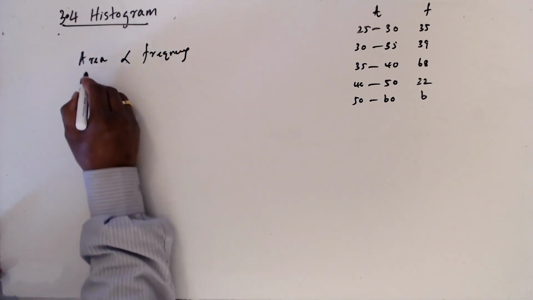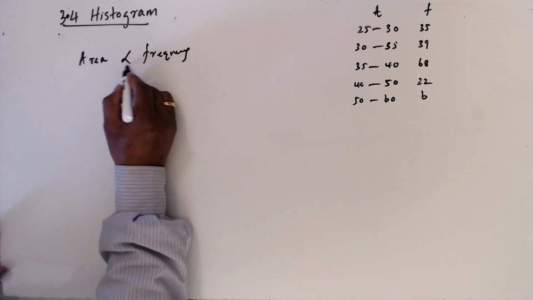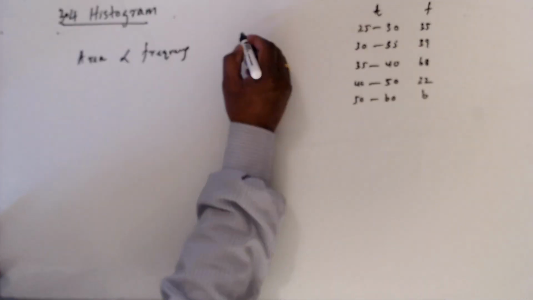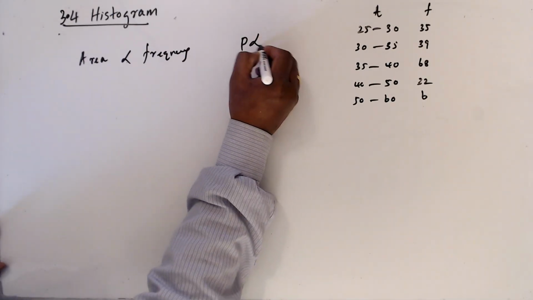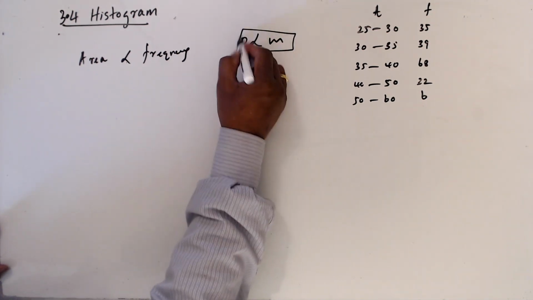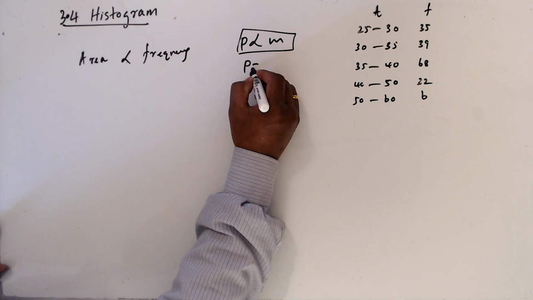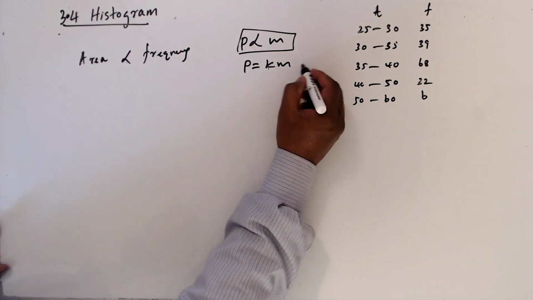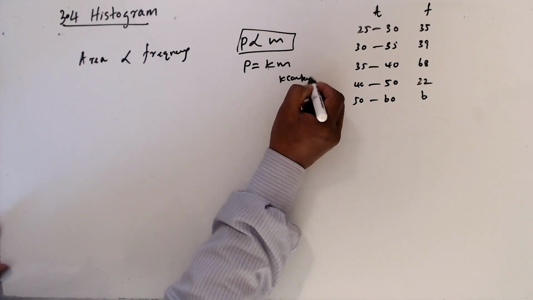Now, the proportional sign we can remove by introducing a constant. Assume that P is proportional to M. To make an equation, P equals K times M, where K is a constant.